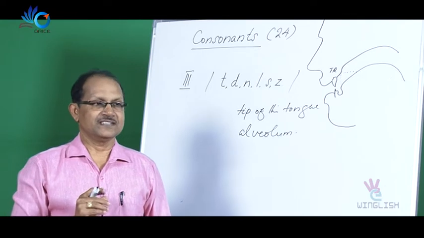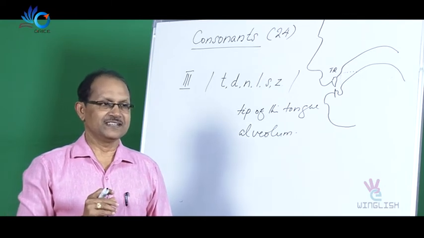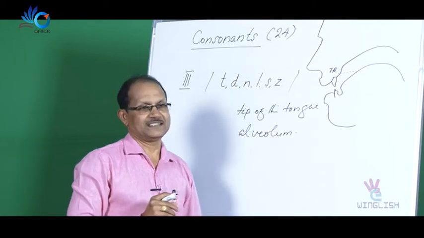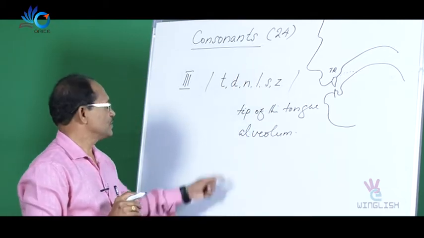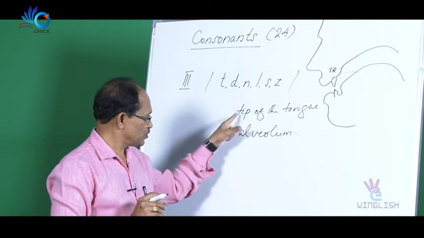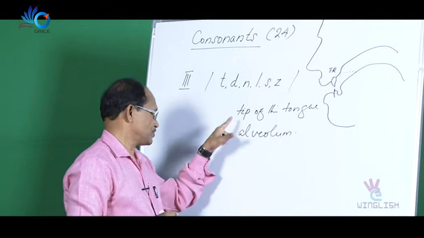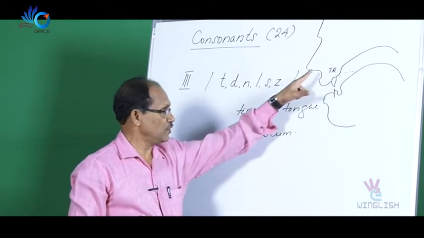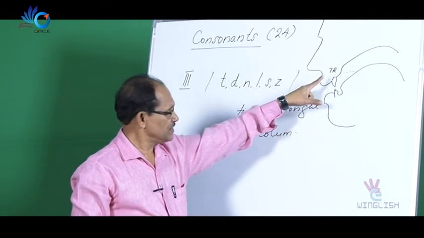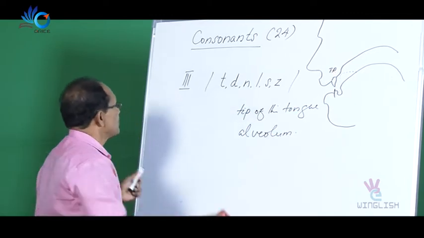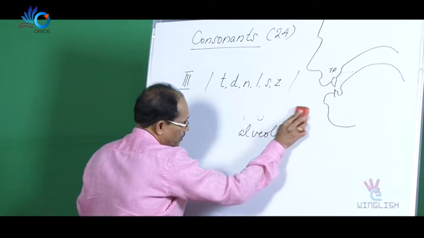Is it not so? T, D, N, L, S, Z. For the time being note down the articulators, and we shall articulate them in our next classification. So, tip of the tongue and alveolum. You should know this part. All right, that is the third group.